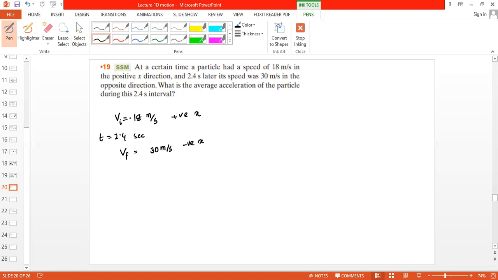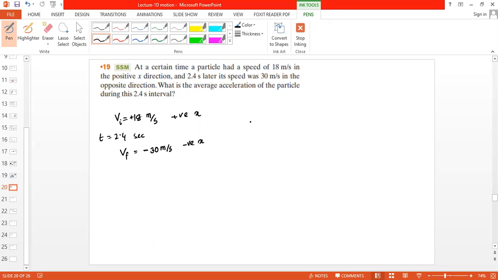That means if I consider this as positive, this one should be negative. What should be the average acceleration of the particle during this 2.4 second interval?